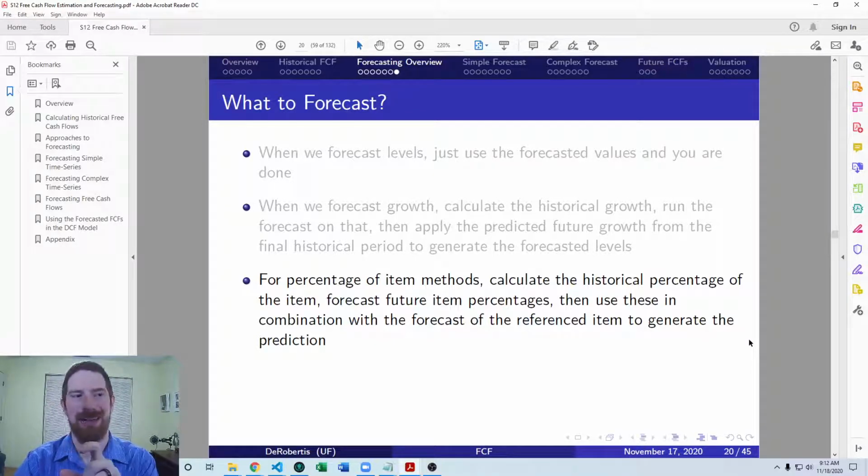Then you feed that into the forecast. You'll get, as a result, the future percentage of this item, of the other item: cost of goods sold as a percentage of sales. And then you just multiply that by your forecast of the sales or whatever the other item is in order to get the forecasted levels for this item.